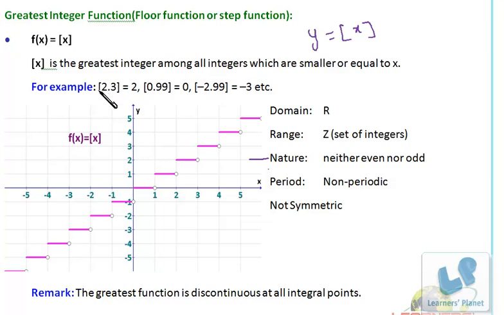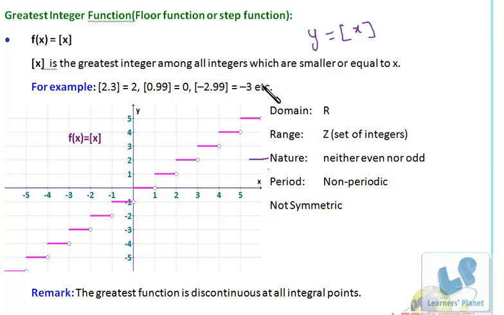Suppose we take box of 2.3, that will be 2. We just have to take the integral part of that, right? For 0.99 the integral part is 0. If we have negative numbers, suppose minus 2.99, then the biggest integer that is less than minus 2.99 is minus 3, right? So box of minus 2.99 is minus 3.